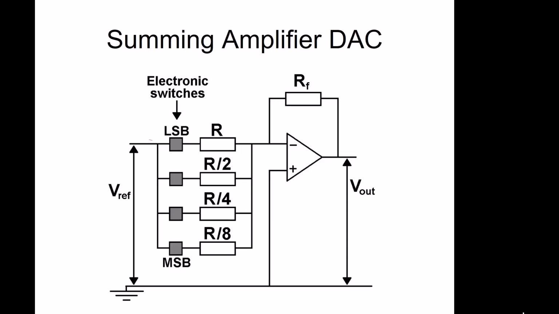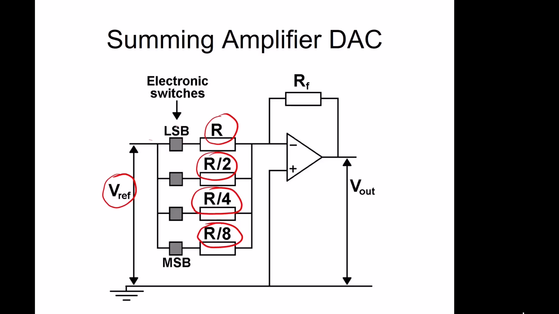For this summing amplifier, we've just got one reference voltage coming in, but then we weight these according to different resistor values. So it's exactly the same as the summing amplifier, except now we've only got one input voltage and various resistor values as the input resistor.